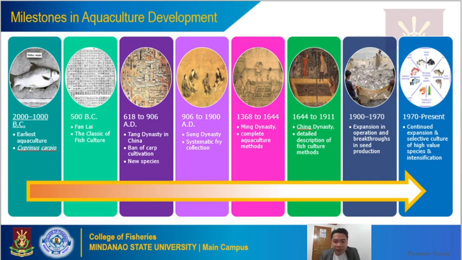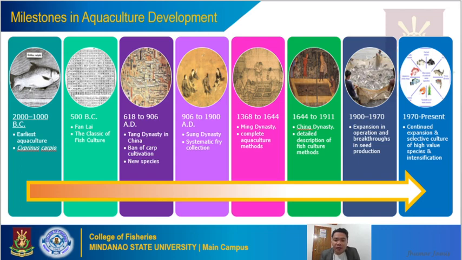And then here we have 906 to 1900s AD. It was in the Song Dynasty wherein there was already a systematic fry collection in the areas, and they already knew when to gather the fry and what season to gather in that particular species. So they already had the knowledge on that particular aspect of aquaculture.